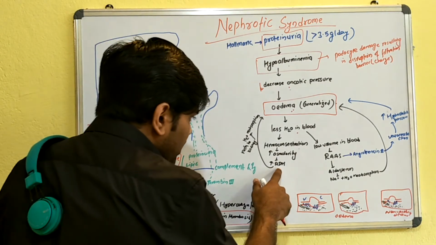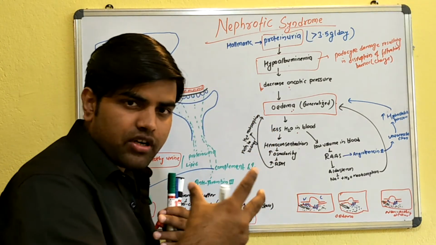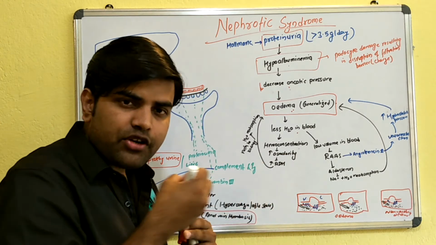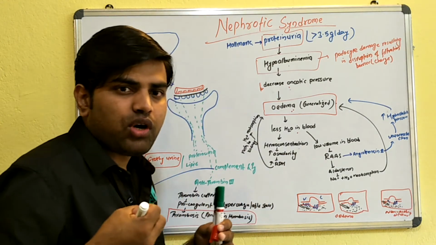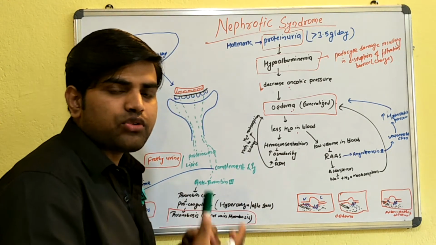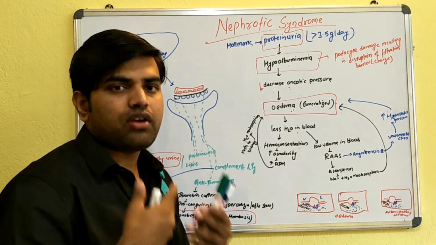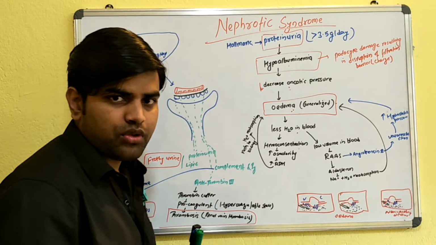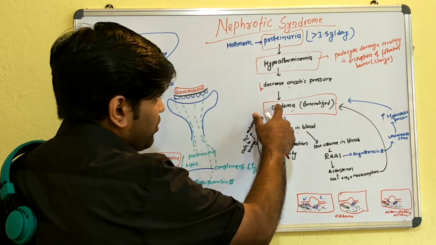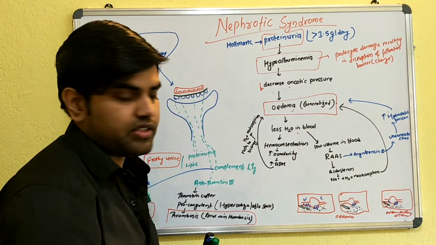This ADH will rush to the kidney, in the distal convoluted late part of the kidney, and try to absorb the water, and since they absorb the water, now water and sodium will be retained, and that again will leak out into the outside fluid and cause further aggravation of edema. Okay, so these are again contributing factors of edema, and edema is more increased.